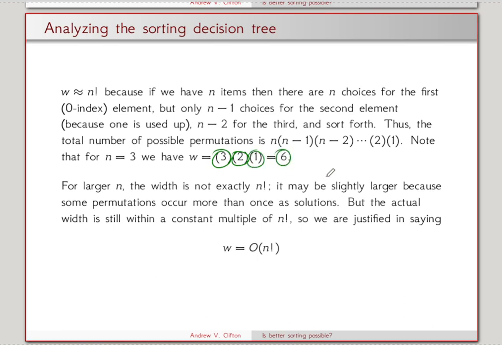You multiply those up and you get 6. As n gets bigger, the width of the tree is not exactly n factorial. Sometimes for larger n's, some permutations occur more than once as solutions, but it's always within a constant multiple. So we can say that the width is approximately n factorial.